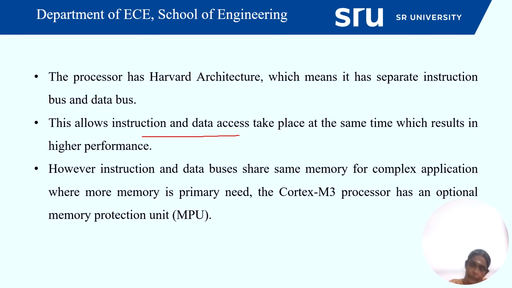So there is no need to wait for multiplexing and no need to separate data from the address, which one is address, which one is data, and for that to indicate, a separate pin would be needed. These are not involved here, which results in higher performance. So speed will automatically increase and performance will be enhanced.